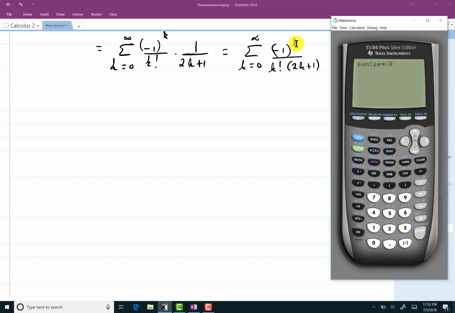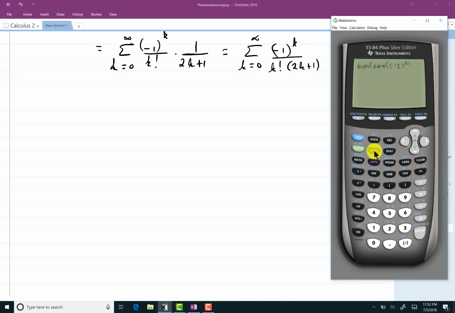Now this is what I want to put in here. So what we'll do is parenthesis, negative 1, and I need parentheses around it, to the... now here's a problem.